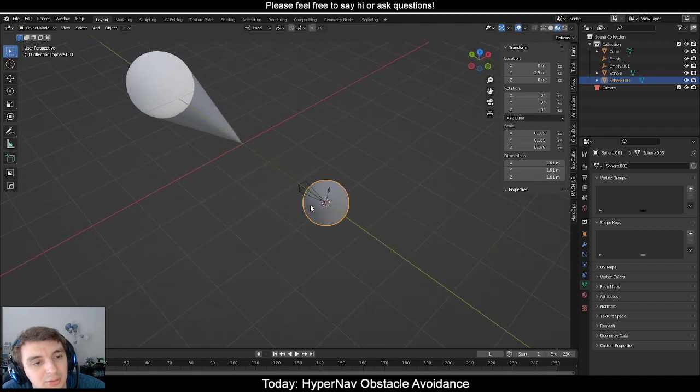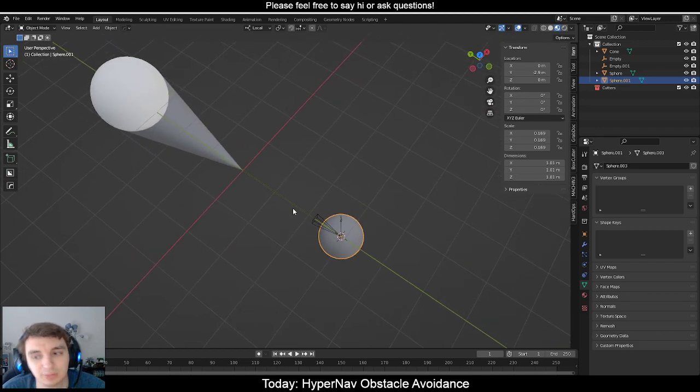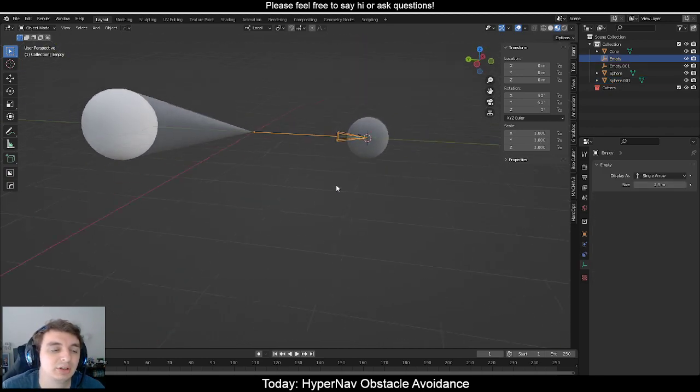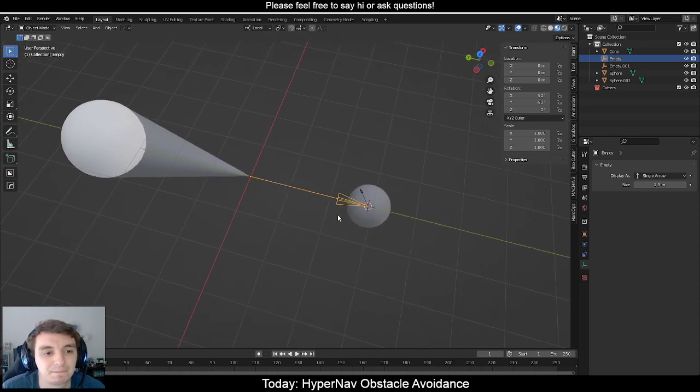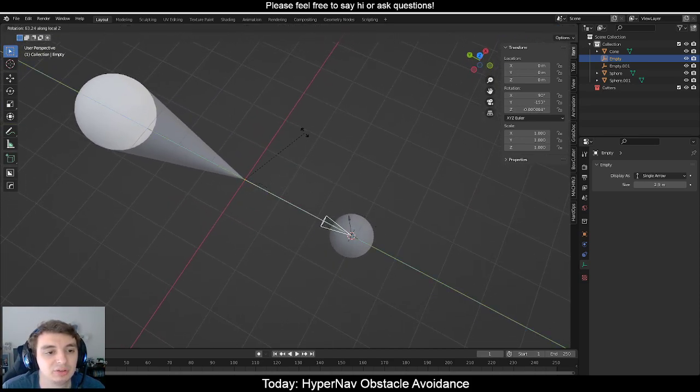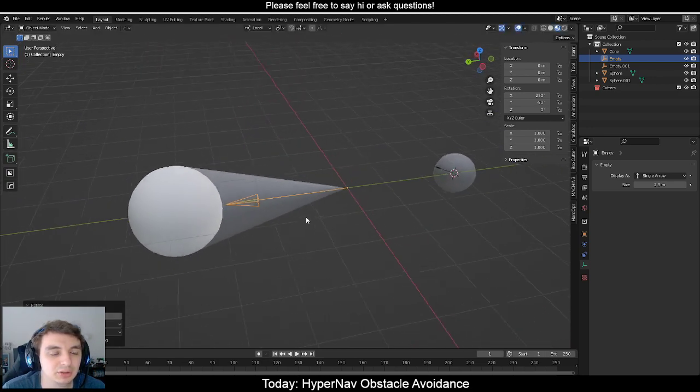I can't hit the target no matter what, but it's supposed to be a situation where the target will hit me no matter what. Oh, that's because... Never mind, because in this case I'm moving away from it. Right. Because this isn't the sphere's velocity, this is my velocity. So this needs to be the opposite of what it is.